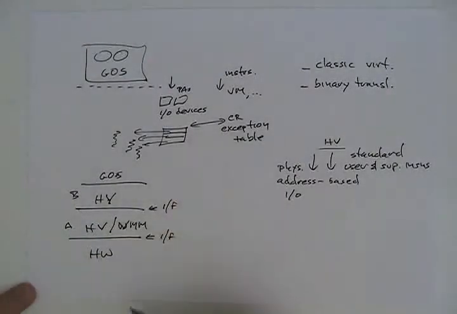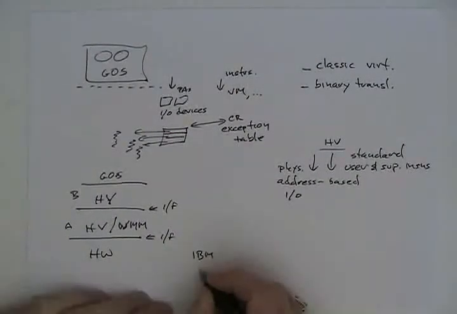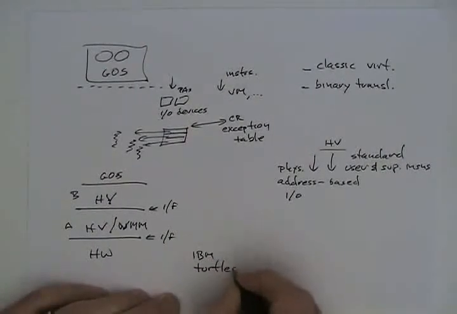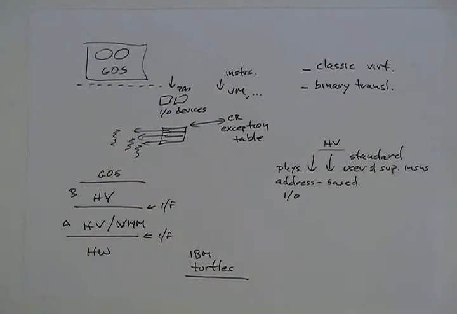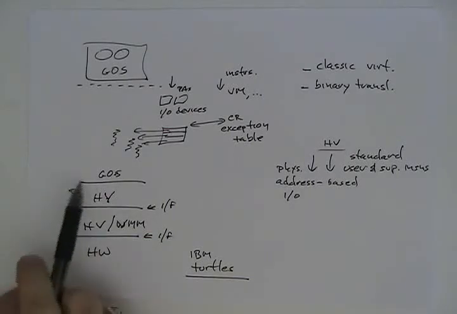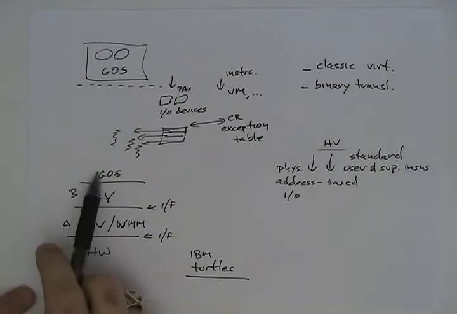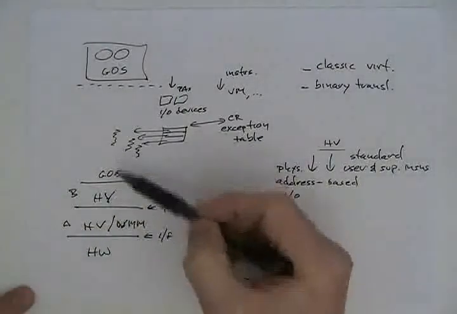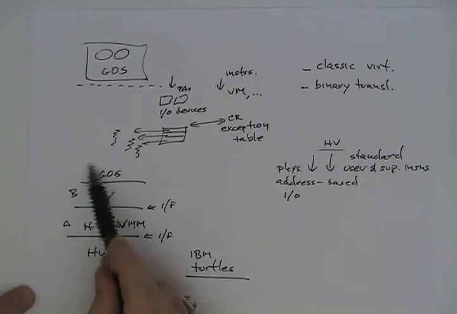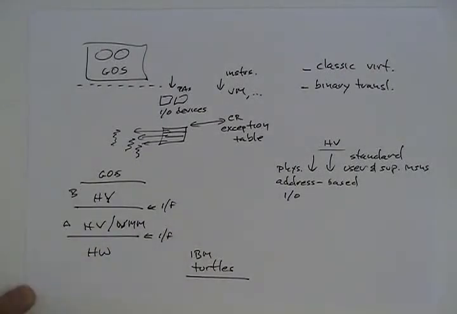There's an IBM project called Turtles, which I haven't read more than the abstract, but I think they may try to make this process more efficient. Certainly the interactions may become inefficient as you nest more layers of hypervisor. I've run this configuration when I was at VMware, because you can use it to debug the hypervisor from within another one.